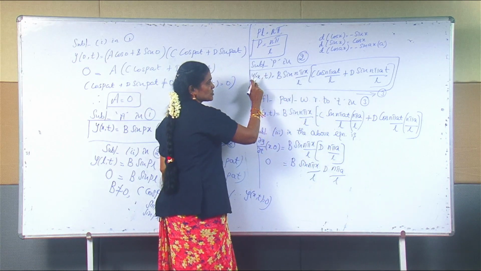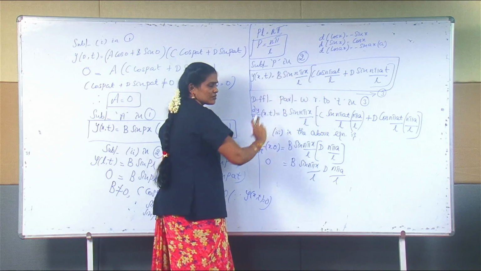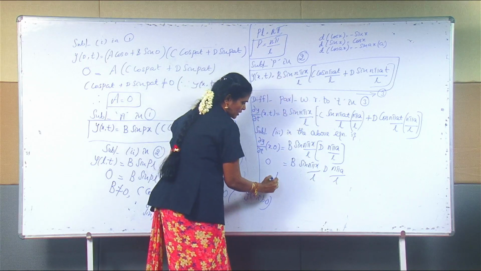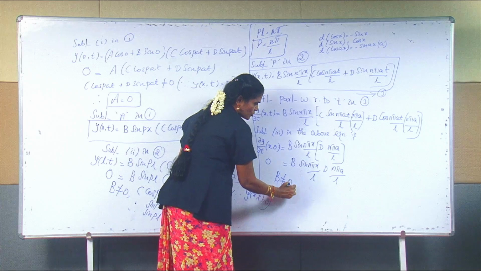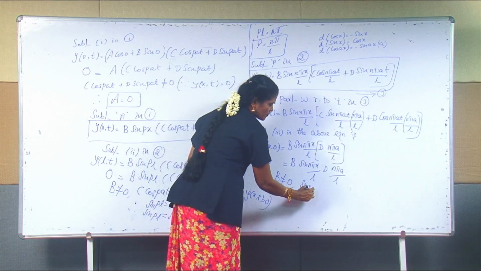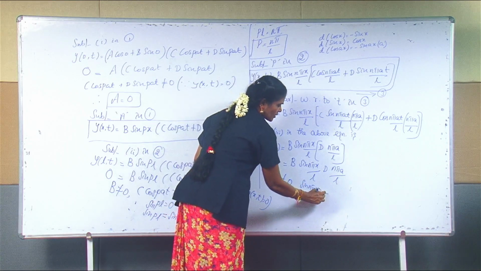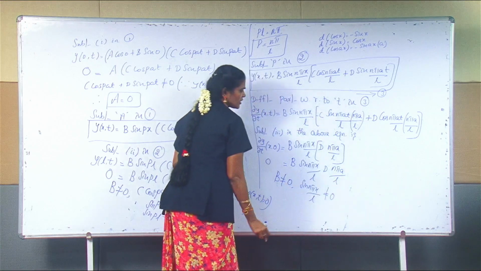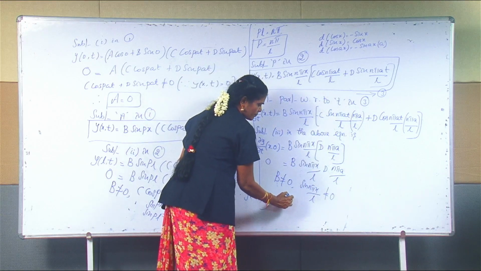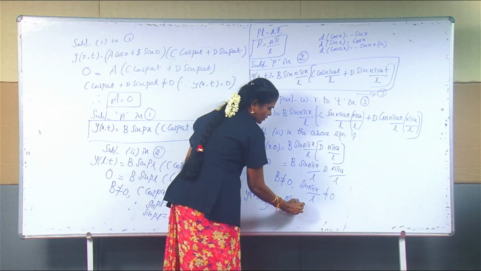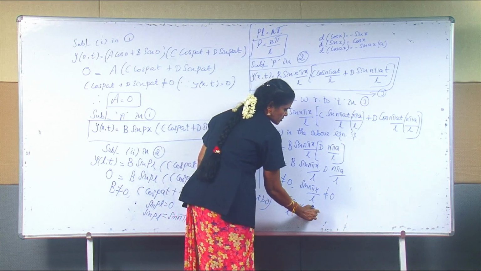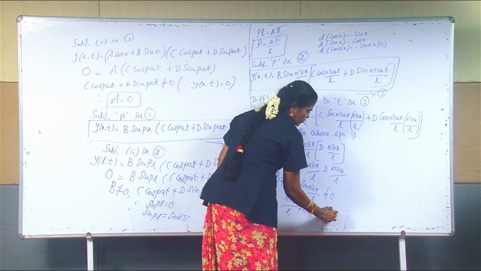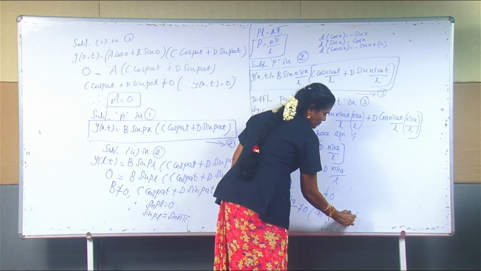Already b and sin(n pi x by L) are in multiplication in the solution. So b is not equal to 0, sin(n pi x by L) is not equal to 0, and n pi a by L is not equal to 0 because all these terms are constants.